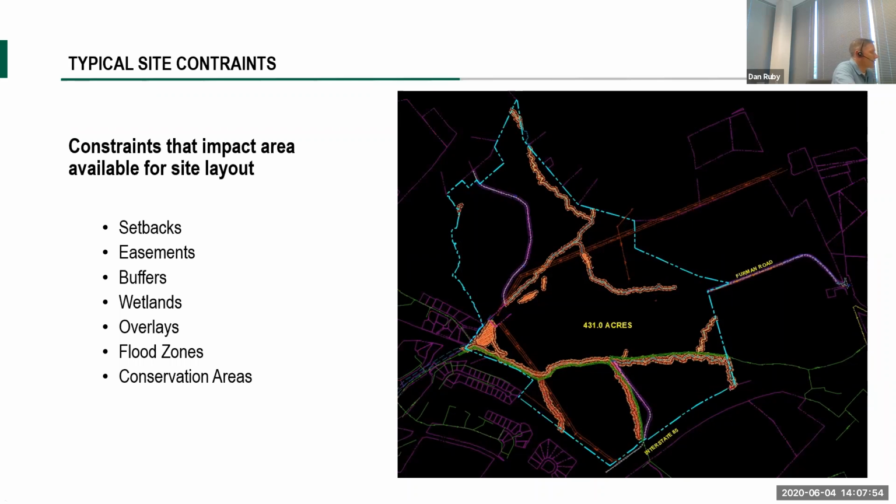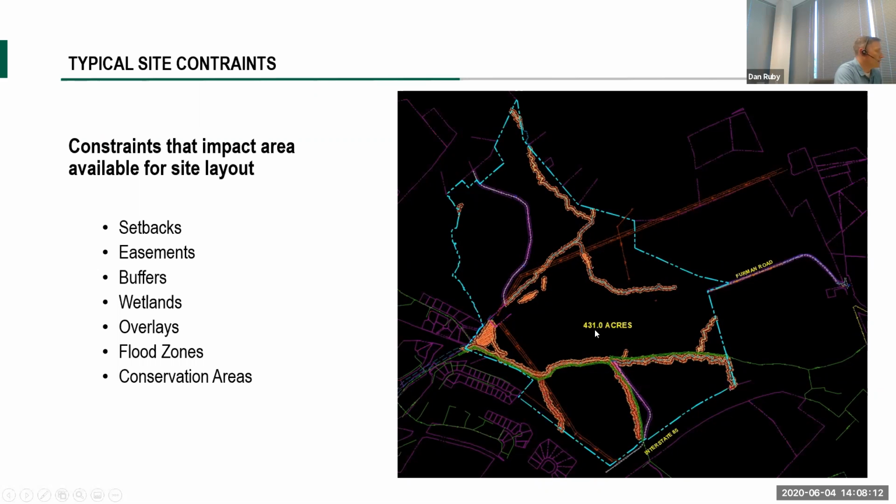So you've got things like setbacks, easements, buffers, wetlands, overlays, flood zones, conservation areas, all those kinds of things that are fairly straightforward and can help start identifying what areas of a site are useful or not.